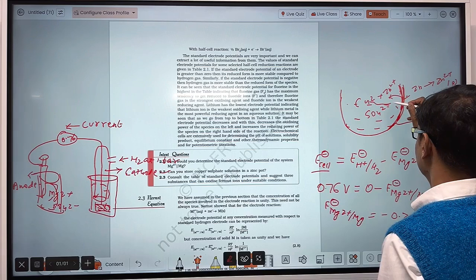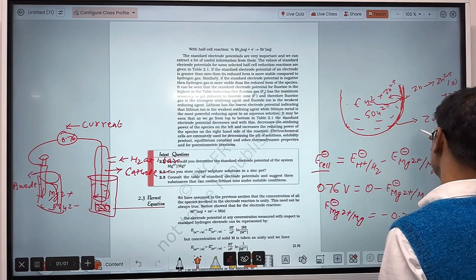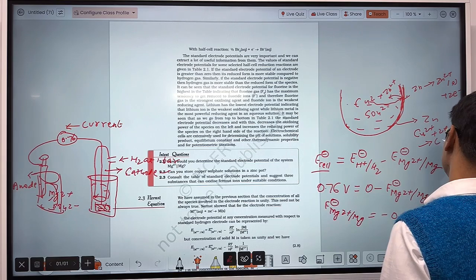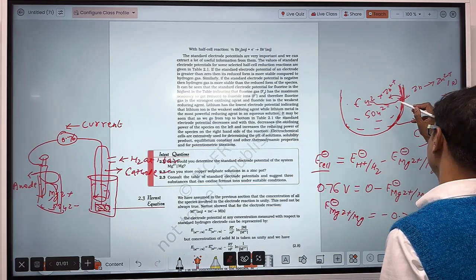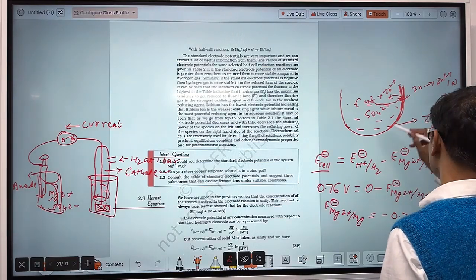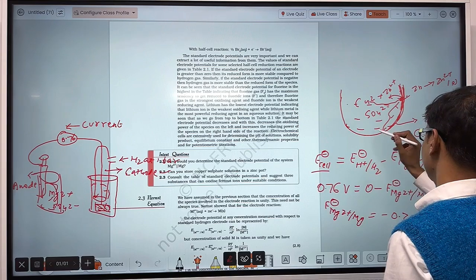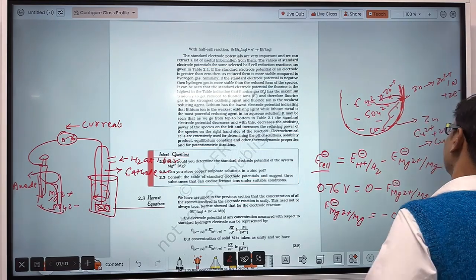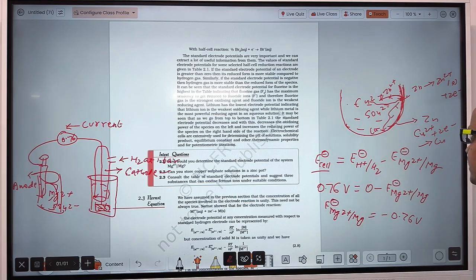The Cu2+ will gain 2 electrons and convert into a copper atom, so it will be precipitated out. So zinc converted to Zn2+ and entered the solution, while Cu2+ gained the electrons and got precipitated.